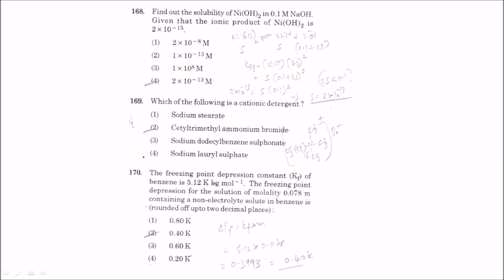Question number 168. Find the solubility of Ni(OH)2 in 0.1 M NaOH, given that the ionic product of Ni(OH)2 is 2 into 10 to the power minus 15. We can write the reaction: Ni(OH)2 in equilibrium with Ni2+ and 2OH-, and we are adding 0.1 M NaOH.